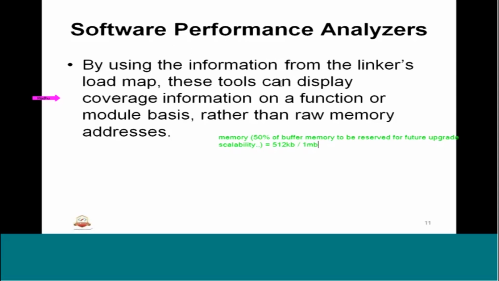By using the information from the link or roadmap, these tools can display coverage information on a function or module basis rather than raw memory approaches. So there is a map file for each embedded project. This is generated with the help of the build, which is compile plus link. The map file will have all the information such as the addresses, the opcodes, and the BSS, stack and so on.